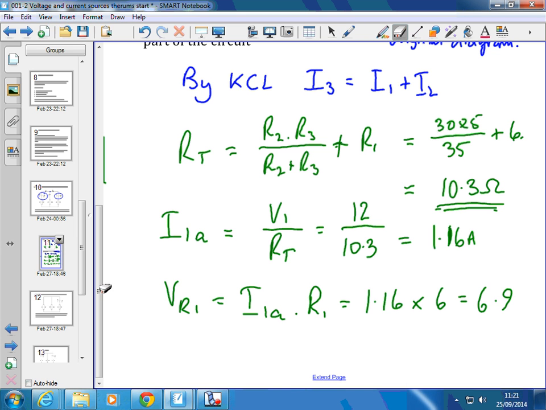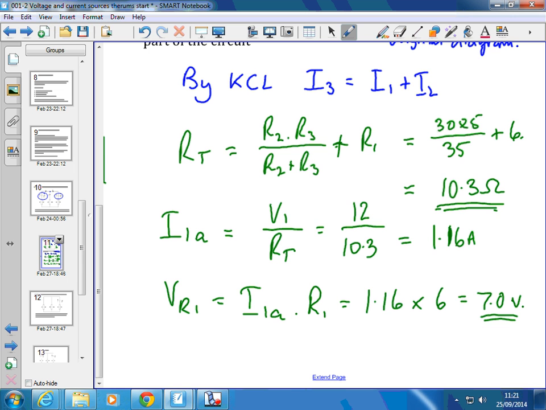Yeah, we really should round that to 7.0 volts. We'll keep the 0.0 and then we've still got the same resolution there.